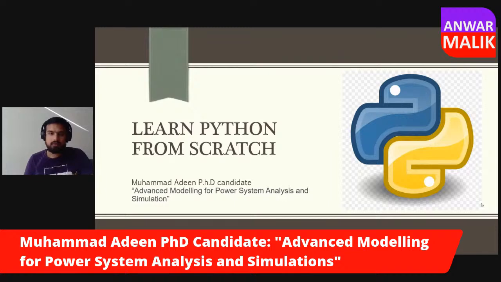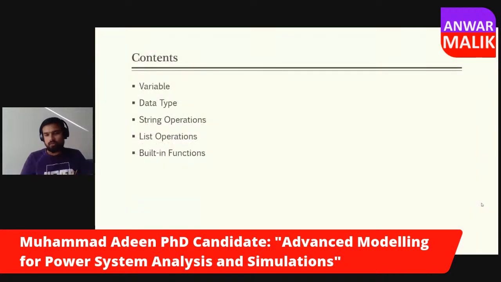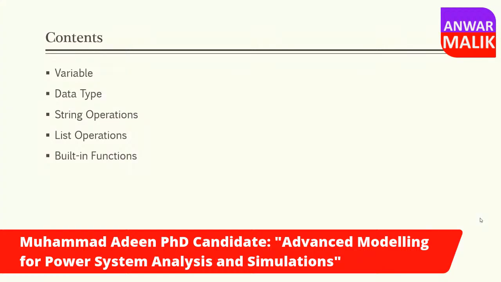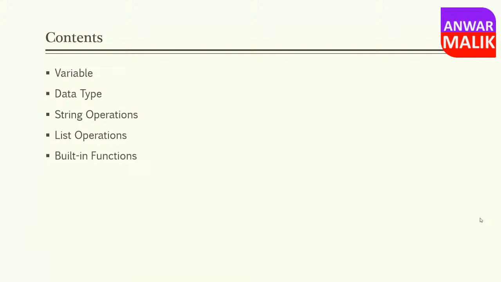So what you really need to know about Python. This is just a brief overview that I'm going to talk about in today's session. We will try to understand what variables are, how they can be declared, what they are used for, how you can access a variable, and all these sorts of things that you need to know about a variable.